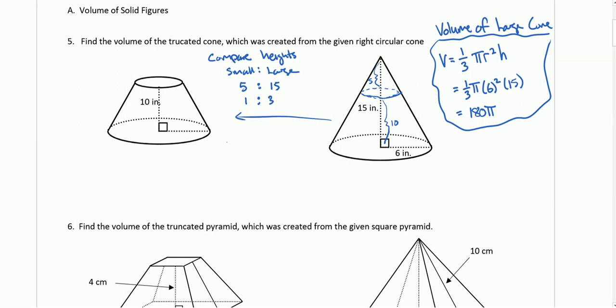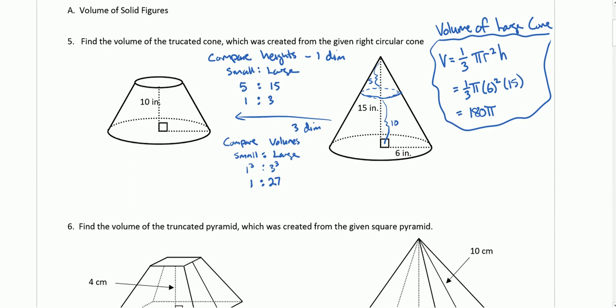So if we compare volumes, and we'll go small to large, well, heights are one-dimensional, volumes are three-dimensional. So to move from one-dimensional to three-dimensional, you cube it. So I'm going to cube, it's going to be 1 cubed to 3 cubed, which is 1 to 27.